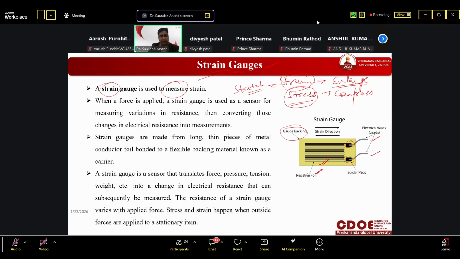So these leads will be connected with the system that we want to connect. It is made of long thin piece of metal conductor. Metal conductor means the wire. Foiled bonded to a flexible backing material known as carrier. So this is the carrier actually.